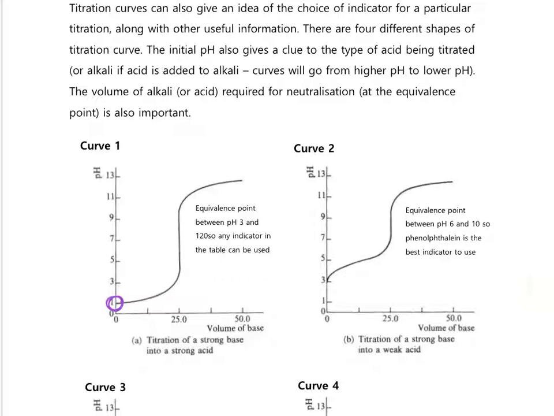So if you've got an acid in your conical flask, you've got alkali in your burette. That's what we're looking at, these acid versus base ones. So I've got a base or an alkali in my burette. So the initial concentration before I add anything from my burette is going to give me the concentration of what?